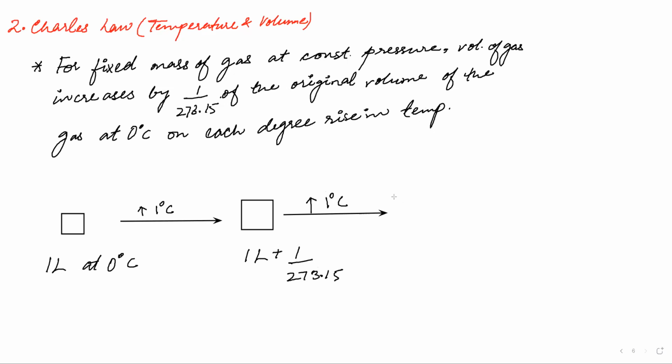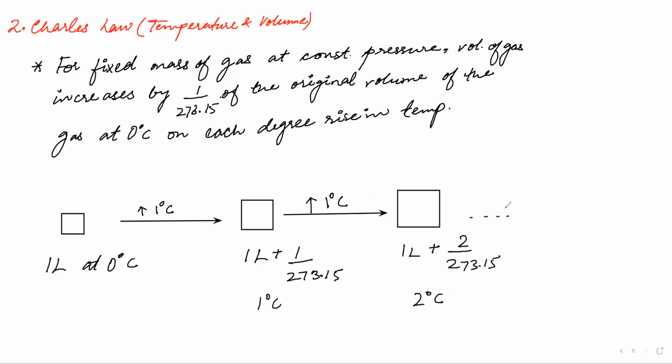Then if we increase another 1 degree Celsius, again the volume of the gas will increase a bit. Initially it was 1 liter plus, now we have increased from 0 to 1 degree Celsius, now it is 2 degrees Celsius. So if it is 2 degrees Celsius, it will be 2 by 273.15, and so on.